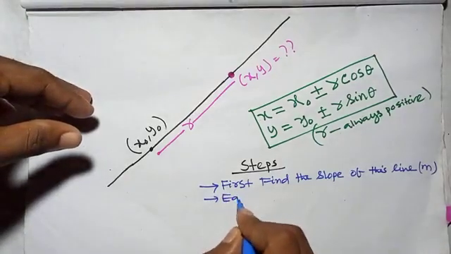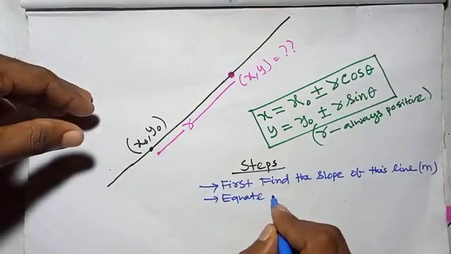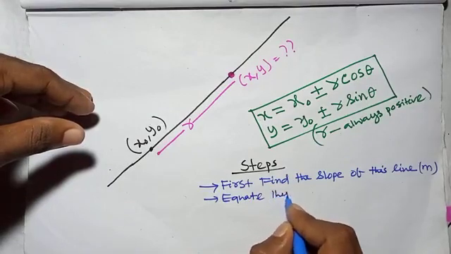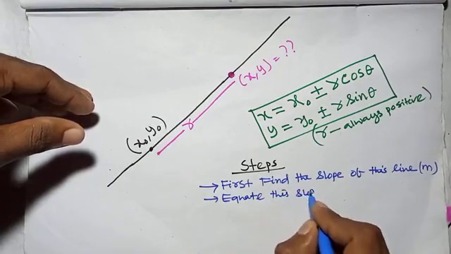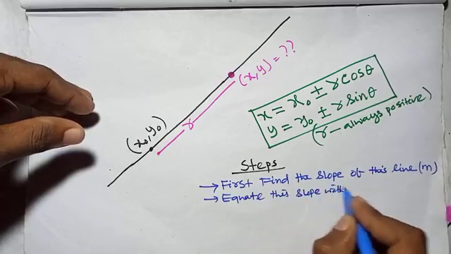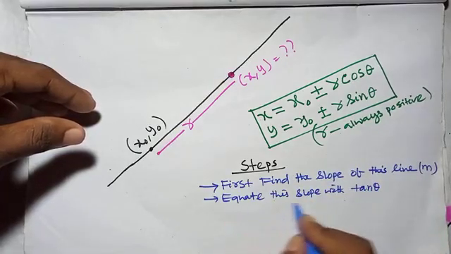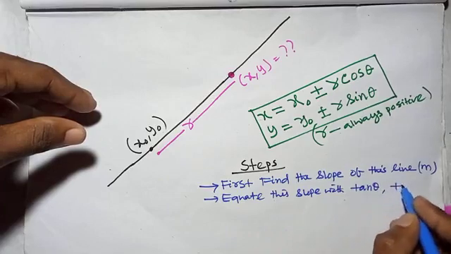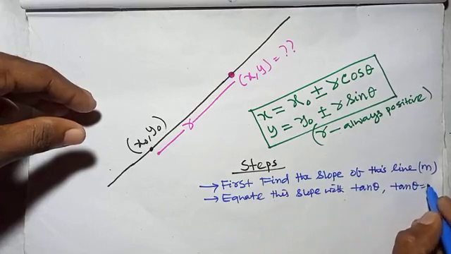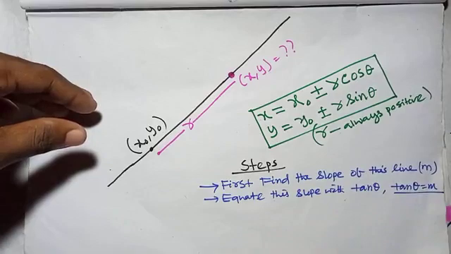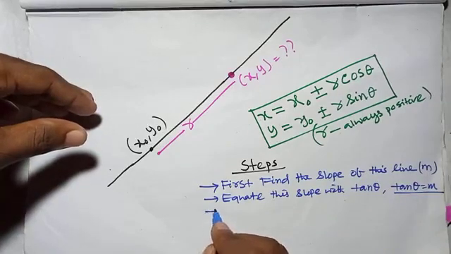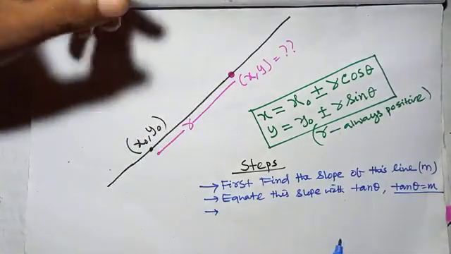Next you have to equate this slope with tan theta, so tan theta equals m.